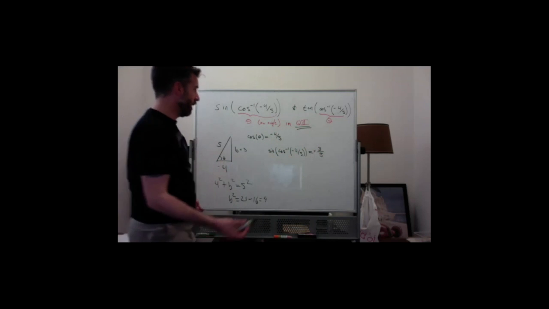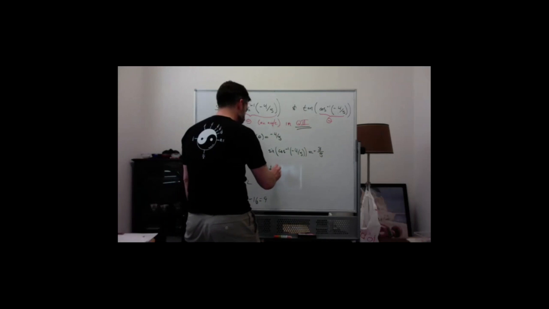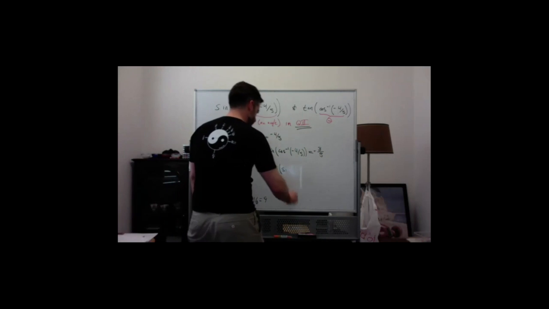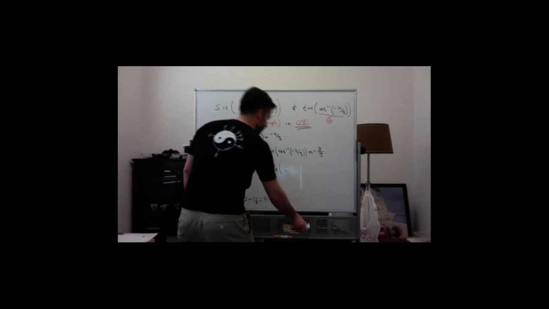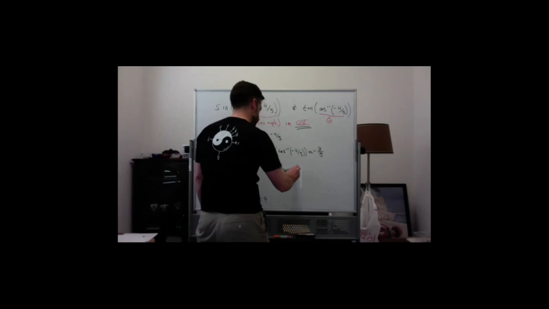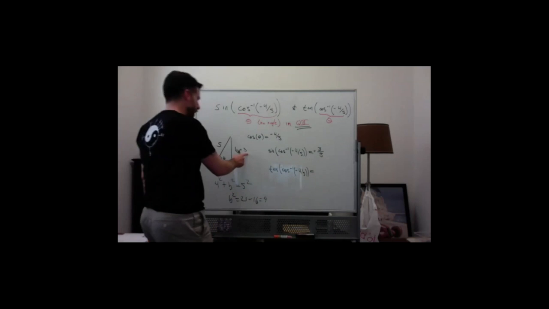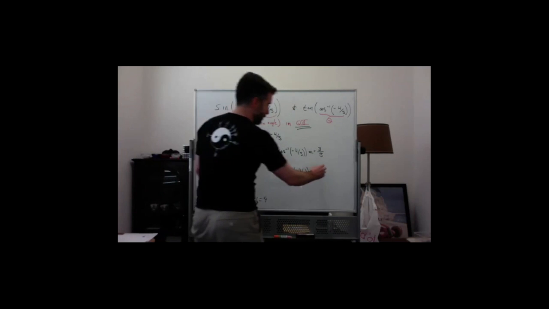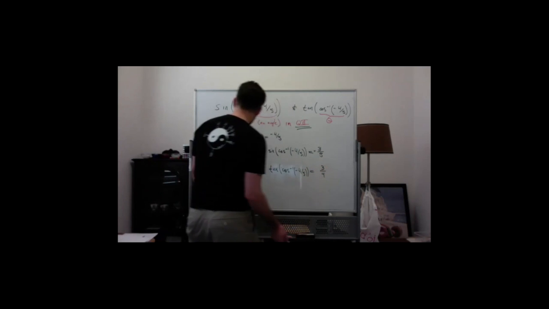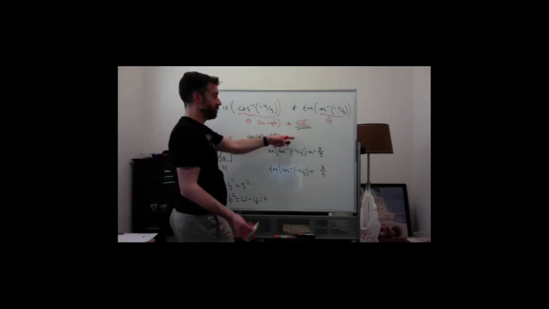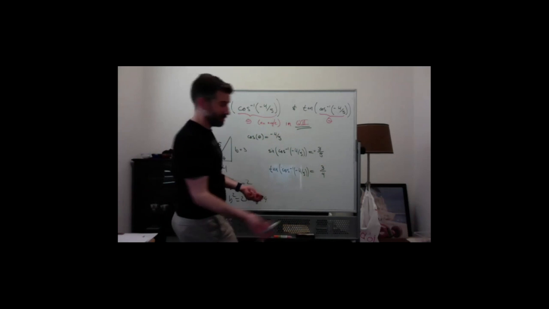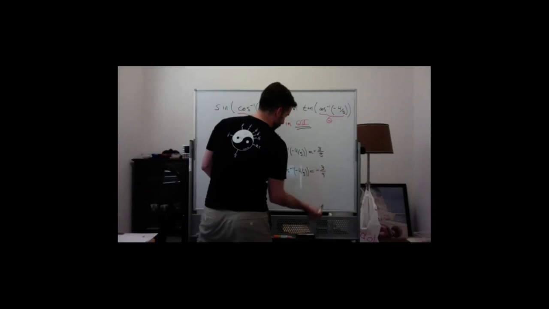In a similar way, tangent of inverse cosine of -4/5 is equal to opposite over adjacent, which is 3/4. And since we're in quadrant 2, we know tangent is negative in quadrant 2. It's going to be -3/4.